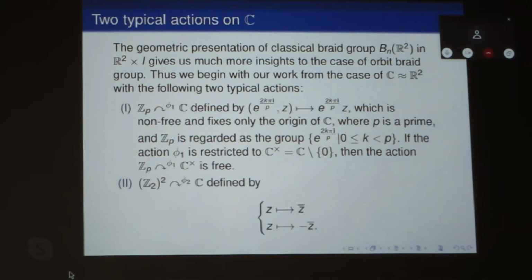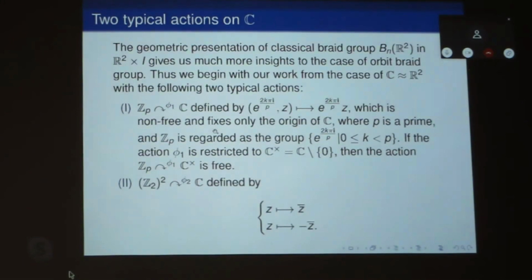Finally, I will show you the examples of orbit braids. Just consider this space with the two canonical actions. The one is just the Z_p action. You just do the Z_p rotation on the complex plane around the origin.